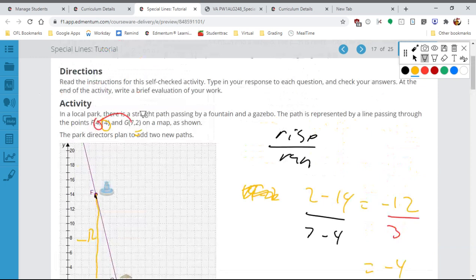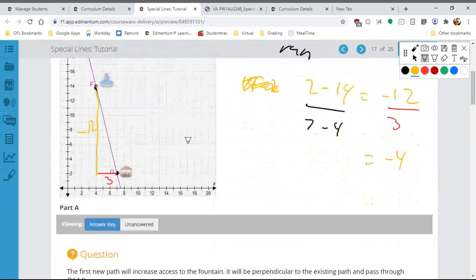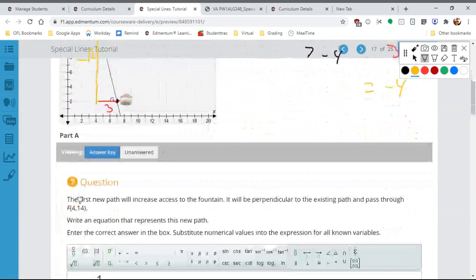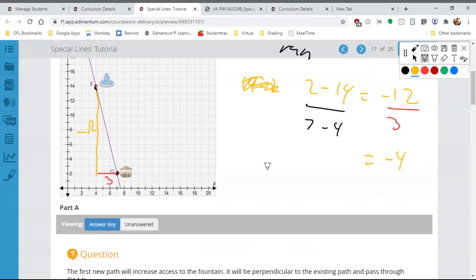And at the local park, you find a straight line of fountain, the path. The director plans to make 2 paths. All right, so the first new path, you want to access the fountain and be perpendicular. So you still want to have this fountain right here.